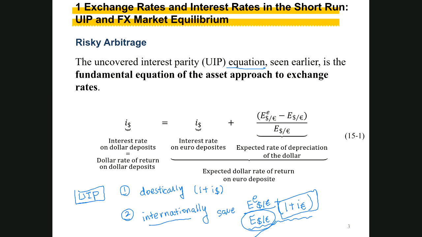And this is the yield or the interest rate that you get after 1 year. And after a year, when you try to claim your asset, you need to convert it back to the US dollar, right? So originally UIP looks like this.